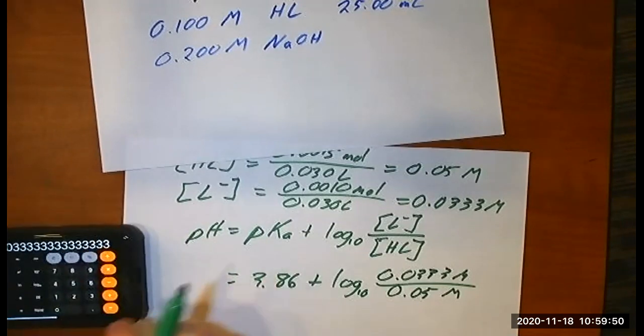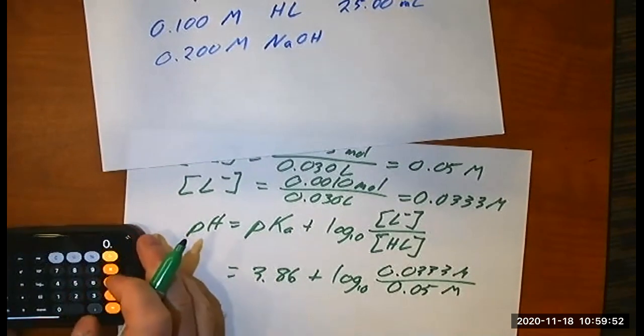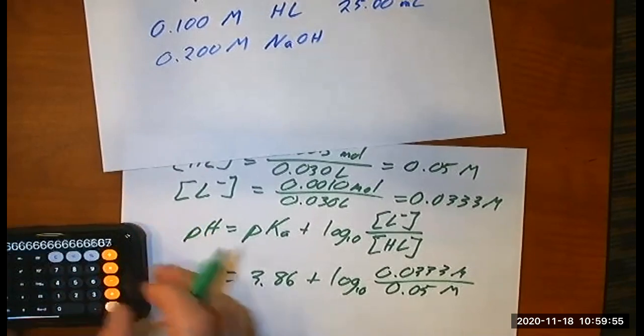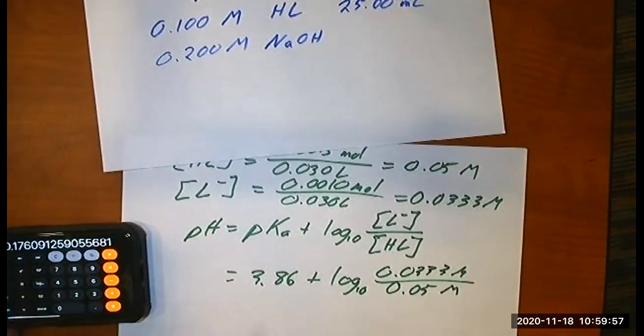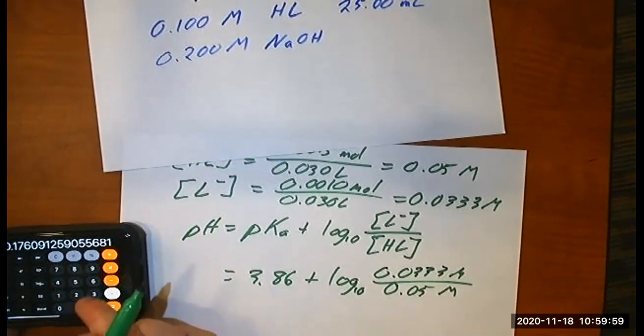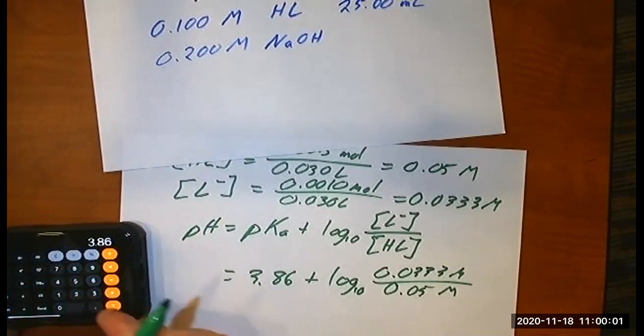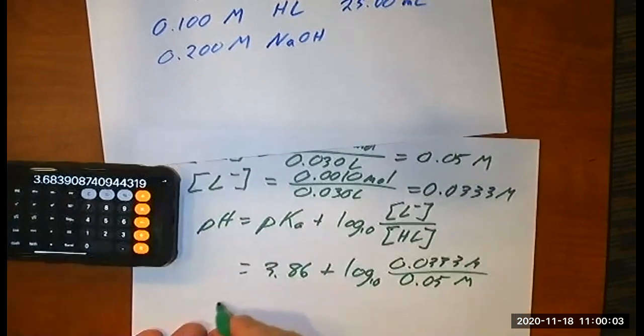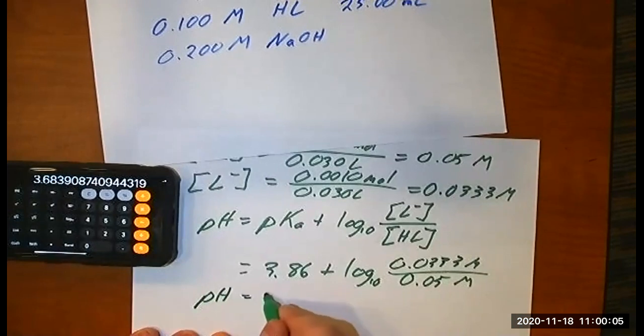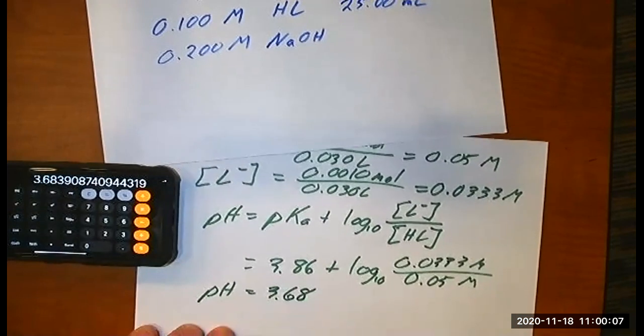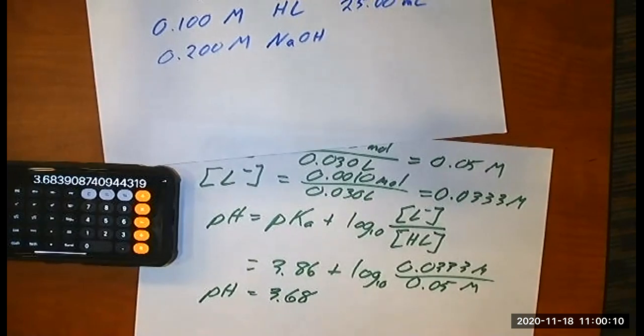So I still have that value in. I divide by 0.05, I take the log base 10 of that, and I add it to 3.86. And we find that our pH equals 3.68. Okay.